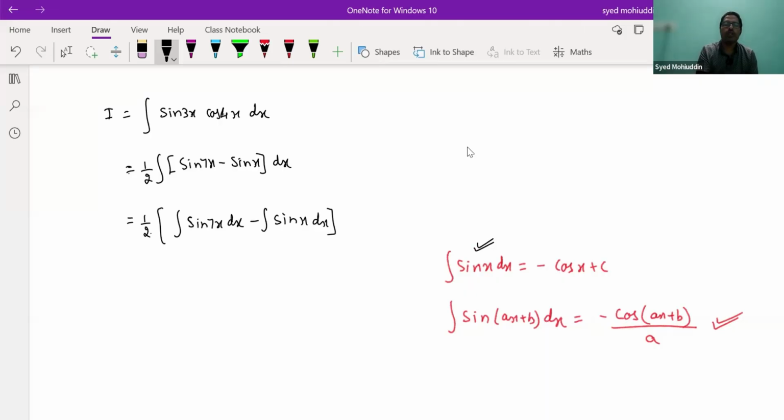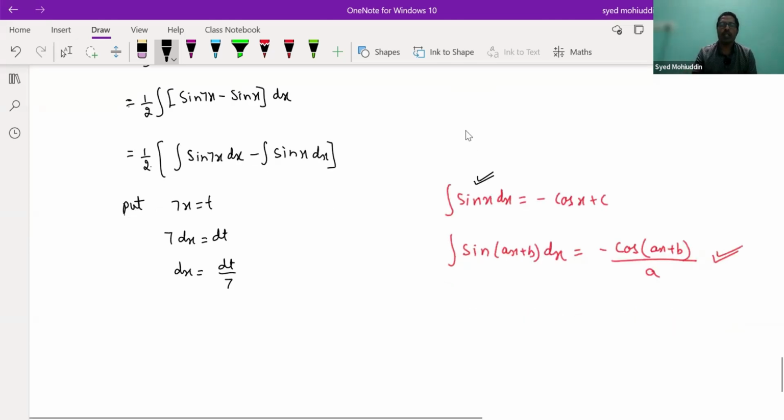This one. For the first term, we'll put 7x equal to t. If I differentiate it, 7 times dx will be equal to dt, or dx will be equal to dt by 7.